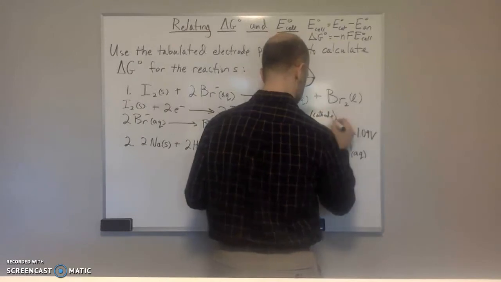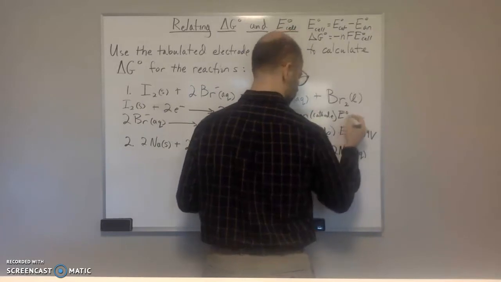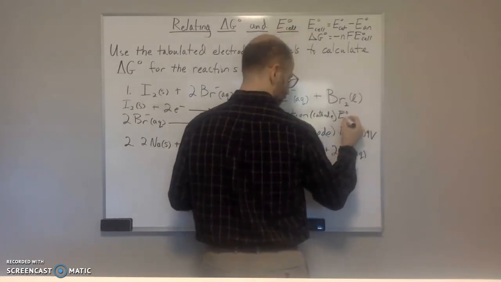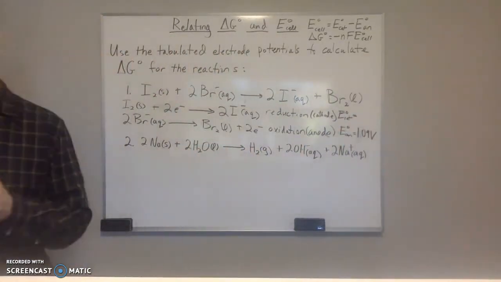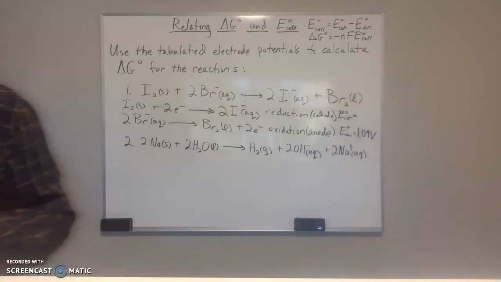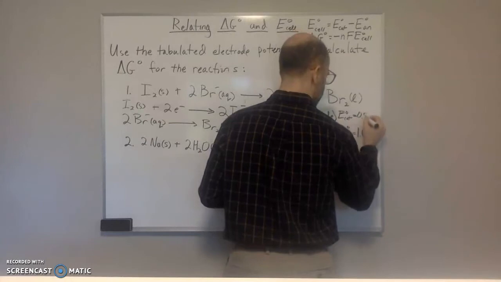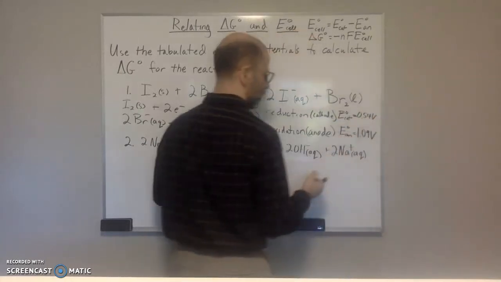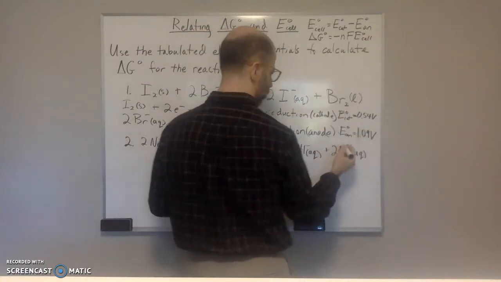The standard electrode potential of the cathode is going to be equal to 0.54 volts.